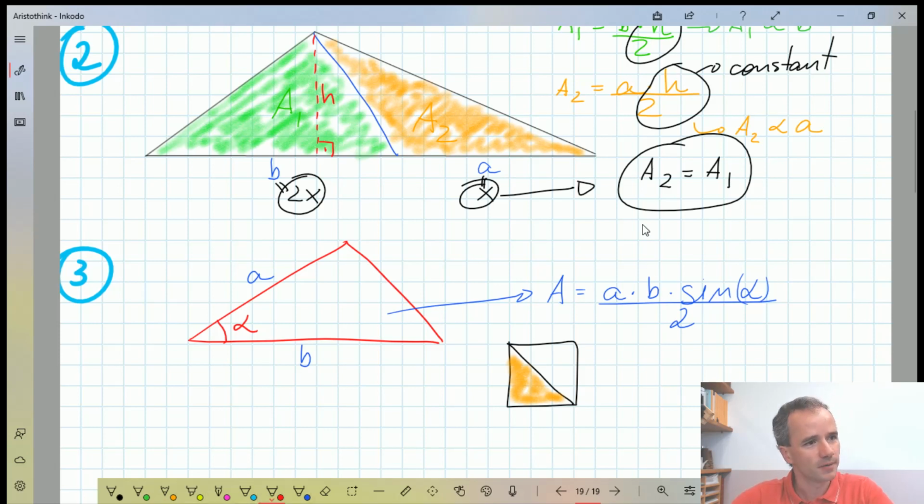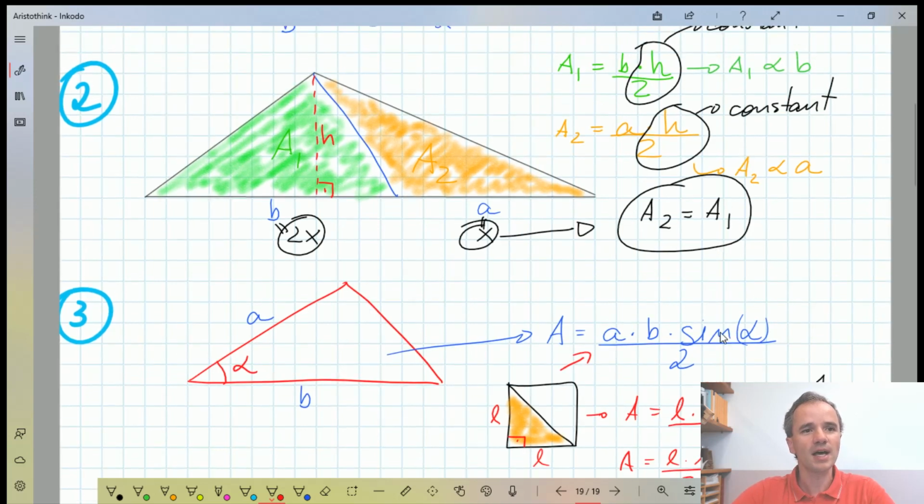As you know, this triangle is 90 degrees, with sides L and L. What is the area of this triangle using this formula? It's going to be A times B times the sine of 90 degrees divided by 2. As you know, sine of 90 is 1. So in the end, this area is going to be L times L divided by 2.